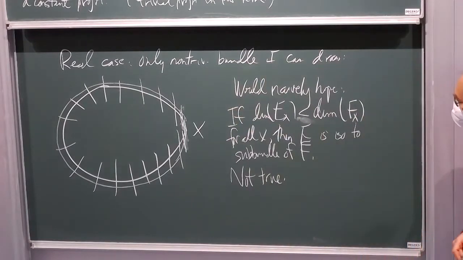And essentially how well you can do depends on the dimension of the underlying space. And again, there's an example which is easy to give, but also over the reals.